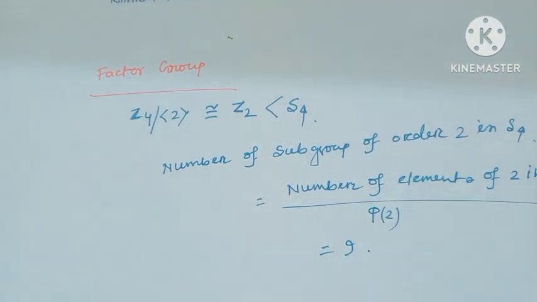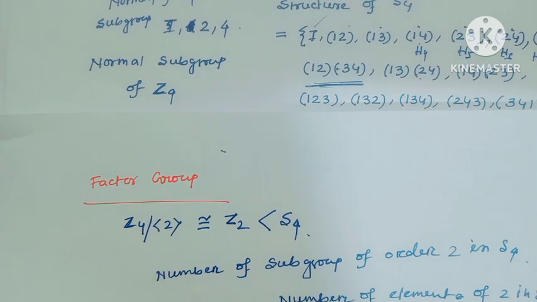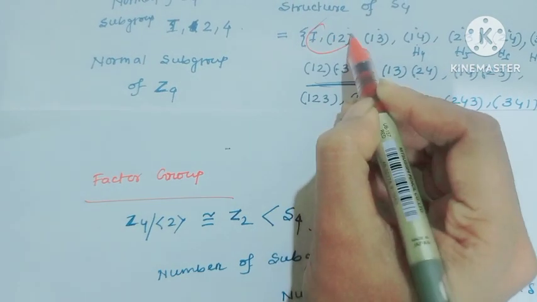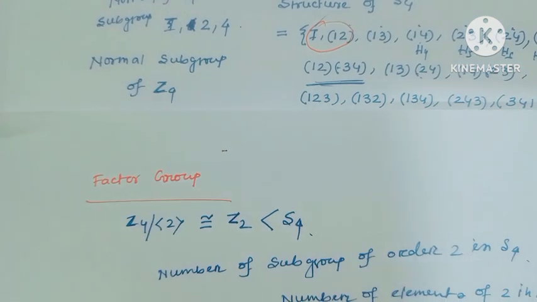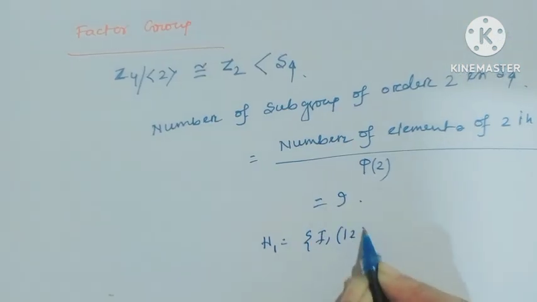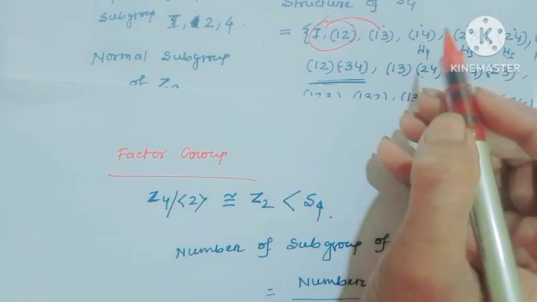And the subgroups would look like, if we consider A1 equal to identity and (1 2), then A2 would be identity and (1 3).